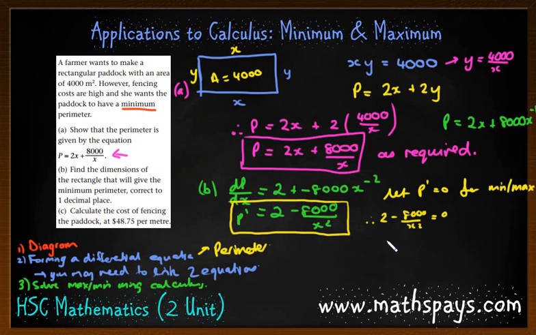We've got 8,000 over x squared is equal to 2, so I plus that across, so I get 2x squared equals 8,000, and divide by 2, x squared equals 4,000. Therefore x equals, so I'm going to square root 4,000. It does say in here to 1 decimal place, so we're going to do it to 63.2.